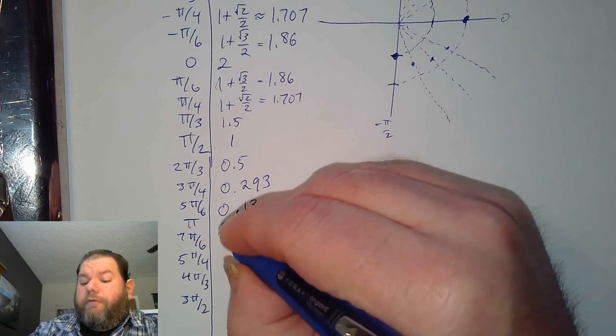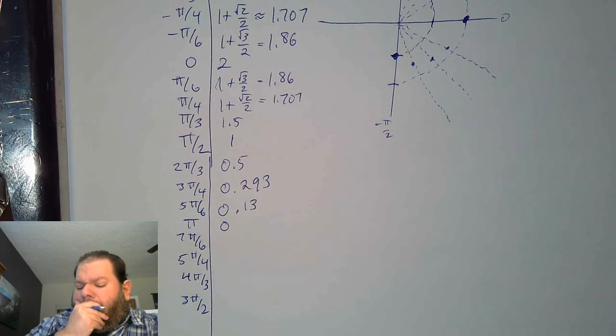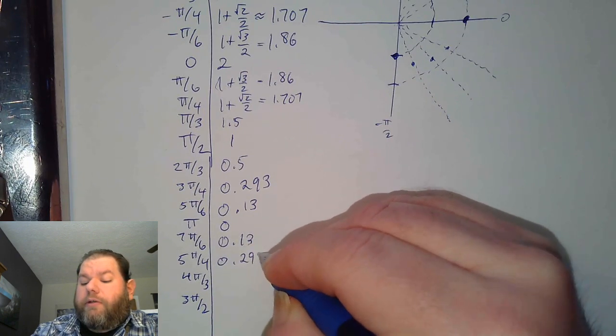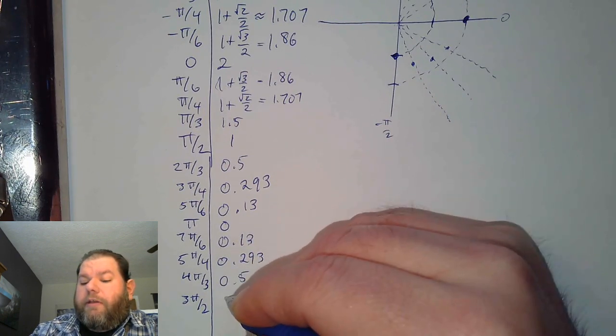And then at pi, we finally get to 0. And then these numbers repeat again, 0.13, 0.293, 0.5, and back to 1.